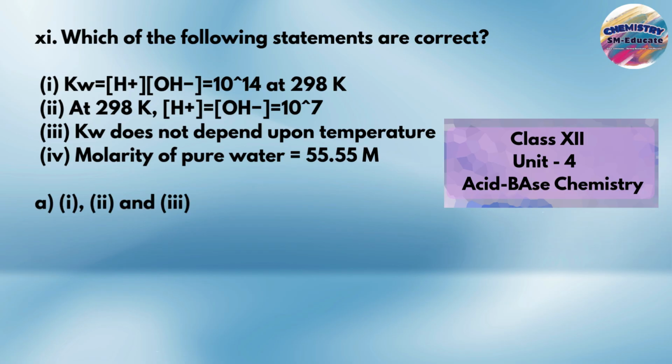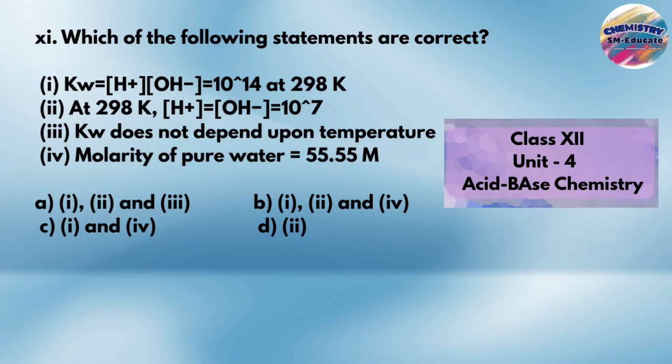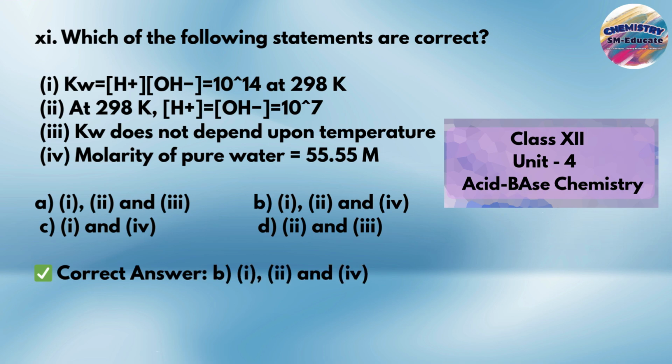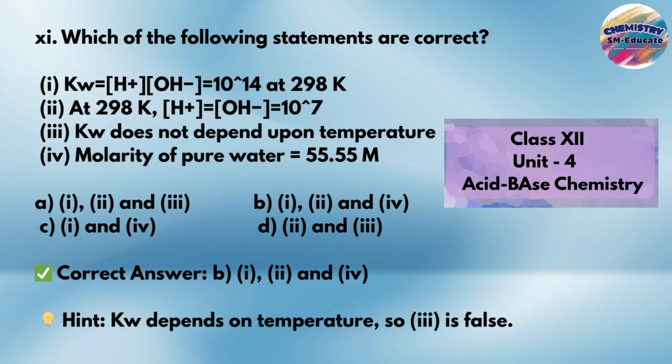Molarity of pure water equals 55.55 M. A, 1, 2, and 3; B, 1, 2, and 4; C, 1 and 4; D, 2 and 3. Correct answer: B, 1, 2, and 4. Hint: Kw depends on temperature, so 3 is false.